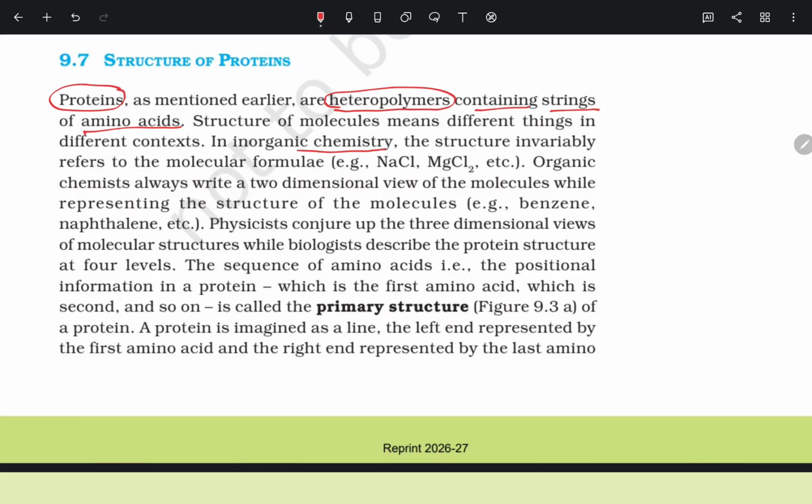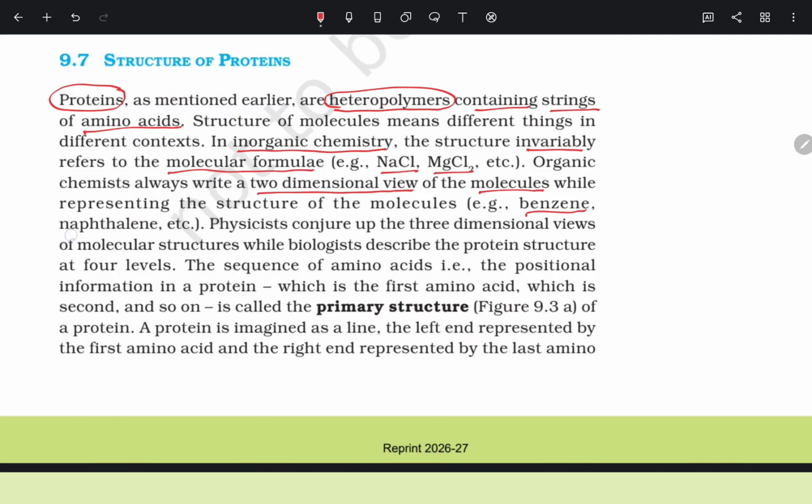In inorganic chemistry, the structure invariably refers to the molecular formula: sodium chloride, magnesium chloride. Organic chemistry always writes a two-dimensional view of molecules while representing the structure of the molecule.